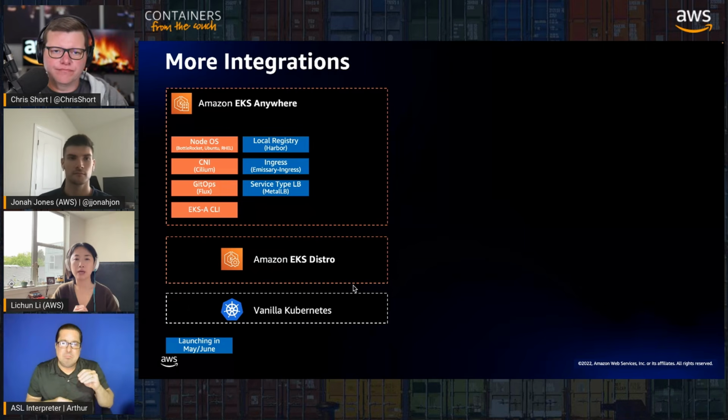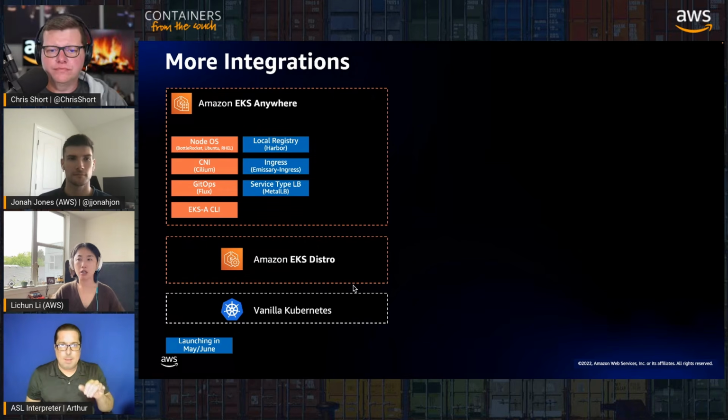The first one that we are providing to customers would be a Harbor package that serves as your local registry, as well as Emissary Ingress as the ingress controller. We're also going to give you service type LB capability through MetalLB.